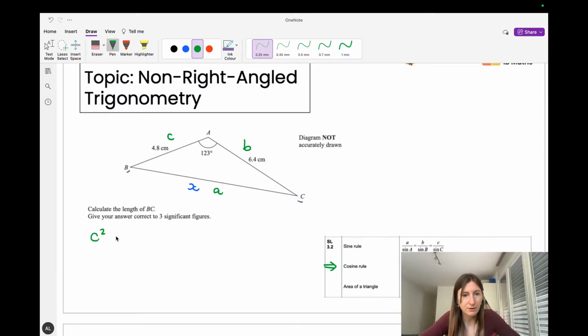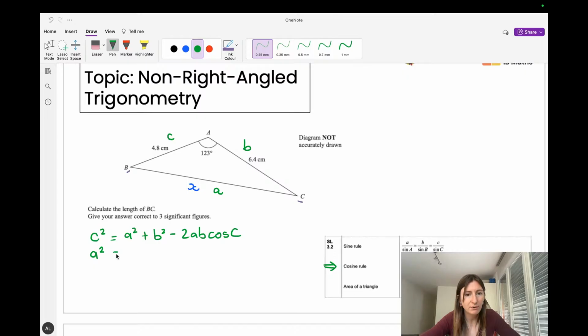So c squared equals a squared plus b squared minus 2ab cos c. How they've given us this formula is if we're trying to find c squared, but we're trying to find a squared, or side A, that's what we've called it. But this formula works anyway.